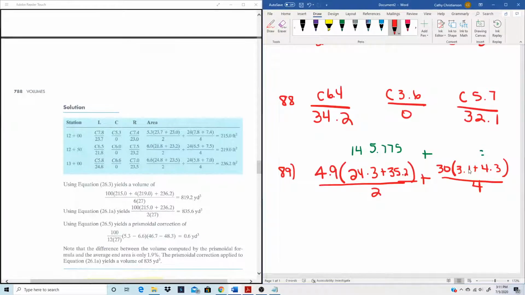Alright, so 3.1. So, like I said, I would double check my work, especially on a test, because it's just a simple problem that could go horribly wrong. So I would look it over.